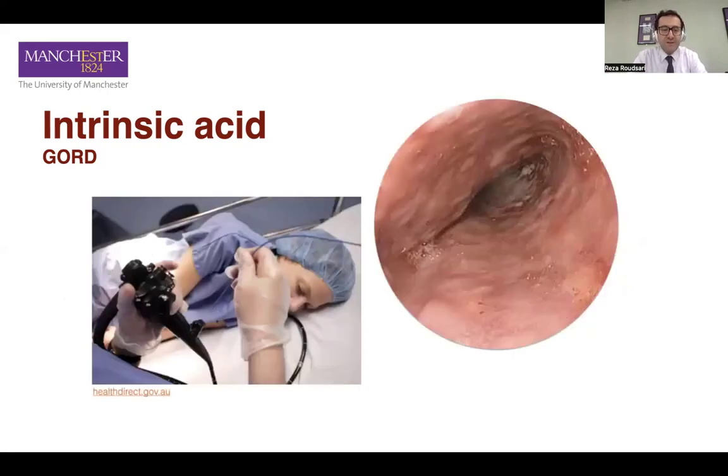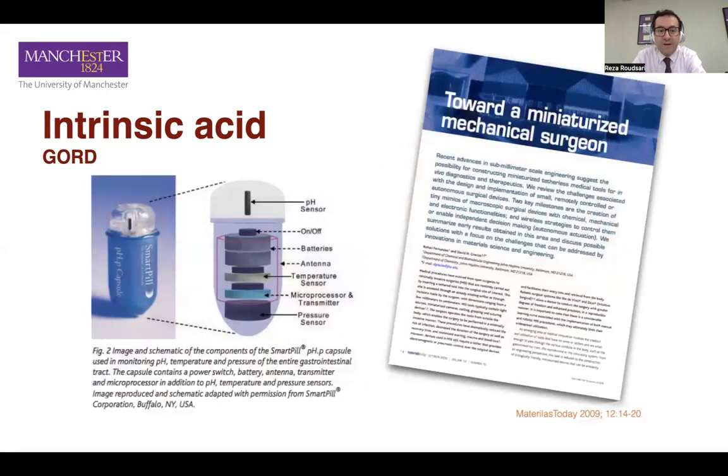Now, the gold standard for making a GORD diagnosis is endoscopy, whereby they put a camera down and check if there's any sign of acid erosion around your GI tract. Oftentimes they also take a biopsy for H. pylori bacteria, just to exclude that from the equation as well.